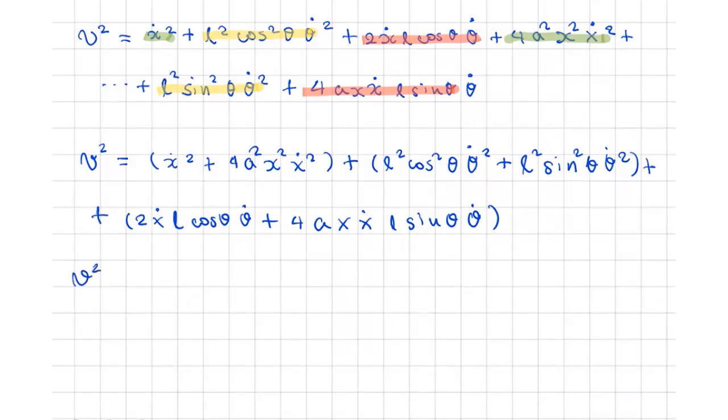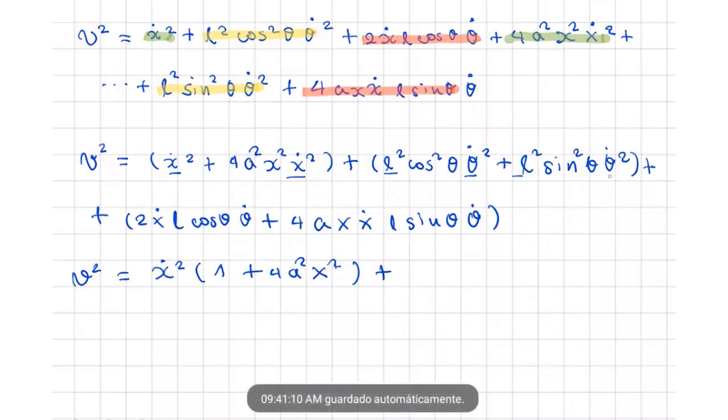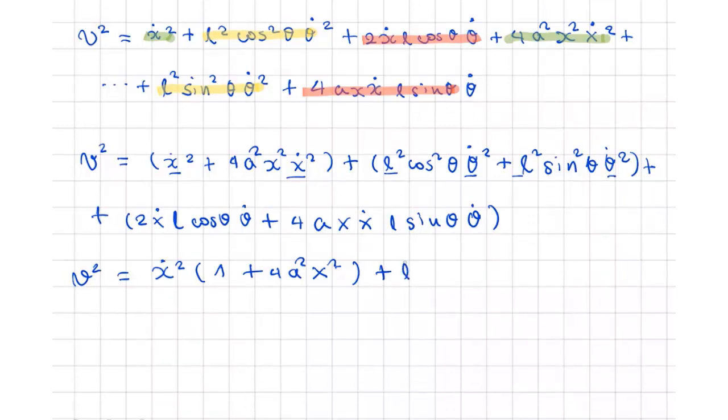So we take this one out with this one of the parentheses, and we get x dot square multiplying 1 plus 4a square x square. Here we take out of the parentheses L square theta dot square, so we get L square theta dot square multiplying cosine square of theta plus sine square of theta.